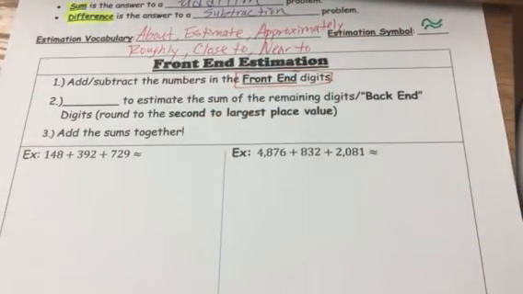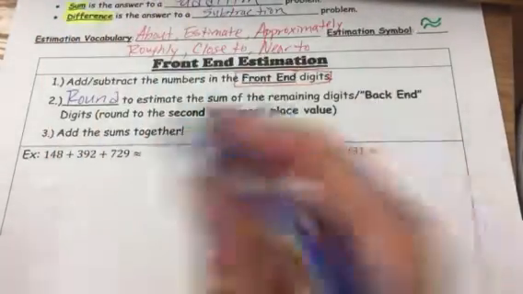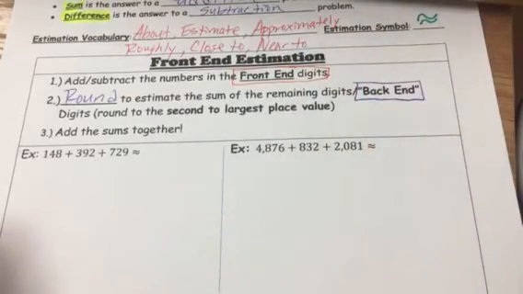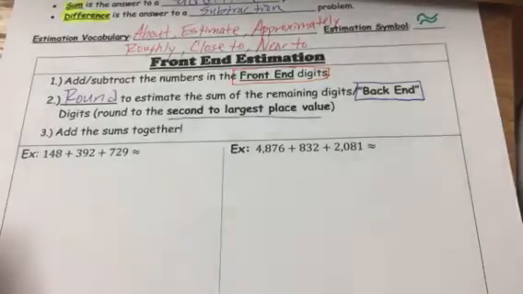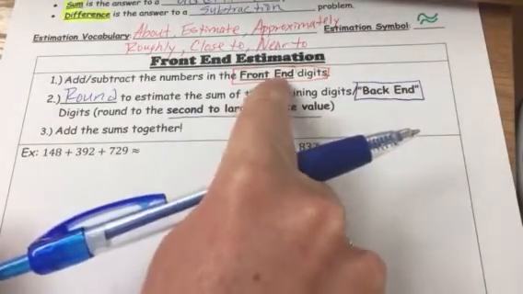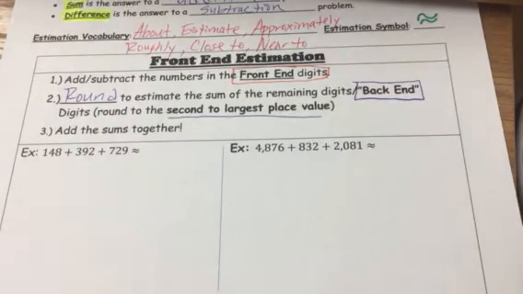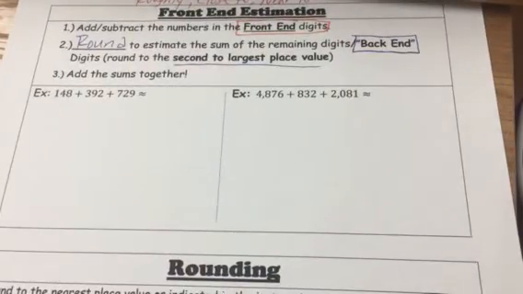The next step, because this is a three-part process, is to round the back-end numbers. So you're going to round those numbers that are in the back part of the number. So essentially what we're doing is we're going to round to the second largest place value. Then we take the front-end digits estimation and the back-end digit estimations. We're going to take those two sums and add them together. And I know that sounds confusing, so let's jump into an example to make some more sense out of it.